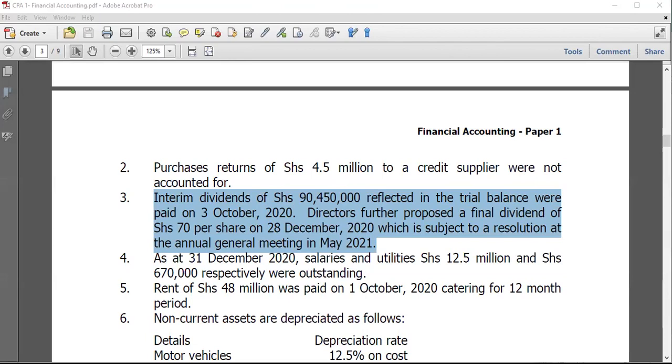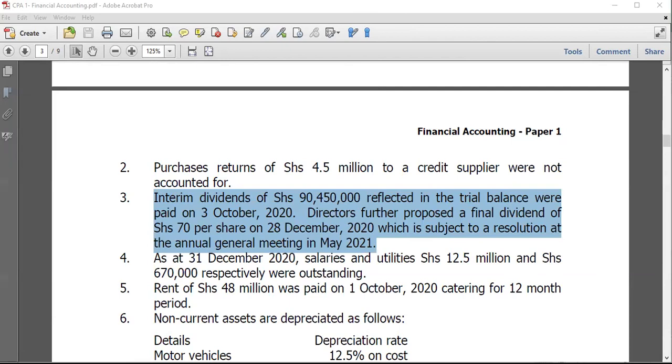Once we make profits as a business, we go ahead to either distribute these profits to shareholders in terms of dividends, or we retain the earnings, and that's why they are called retained earnings.